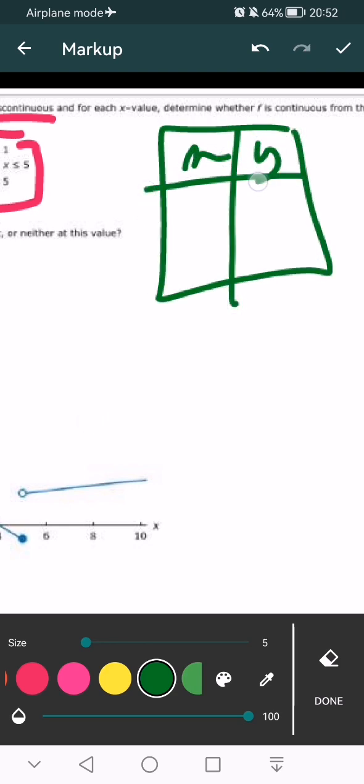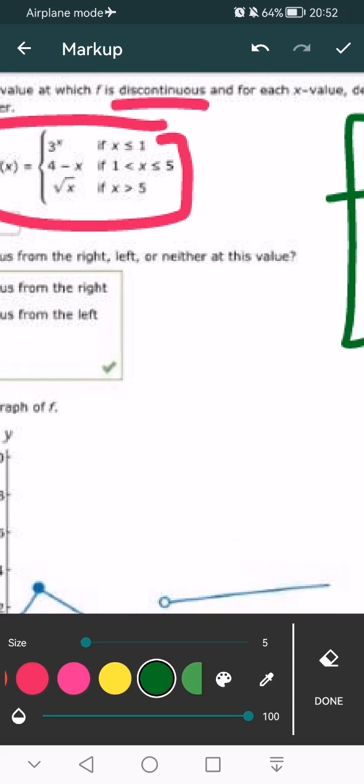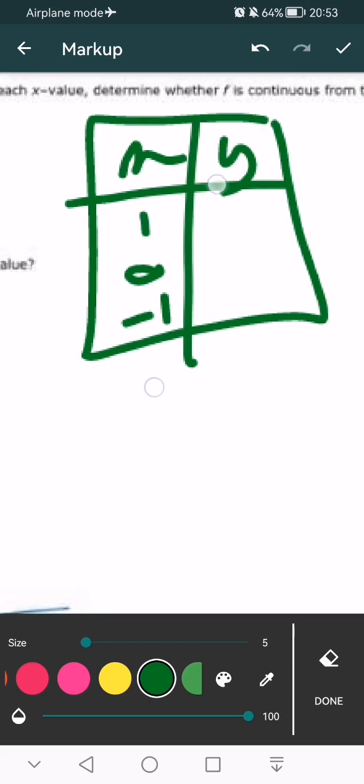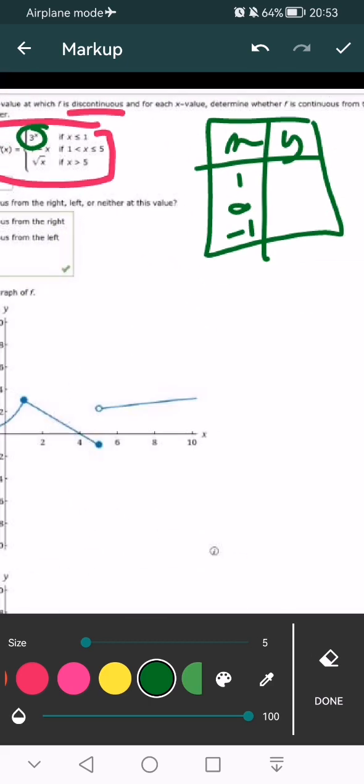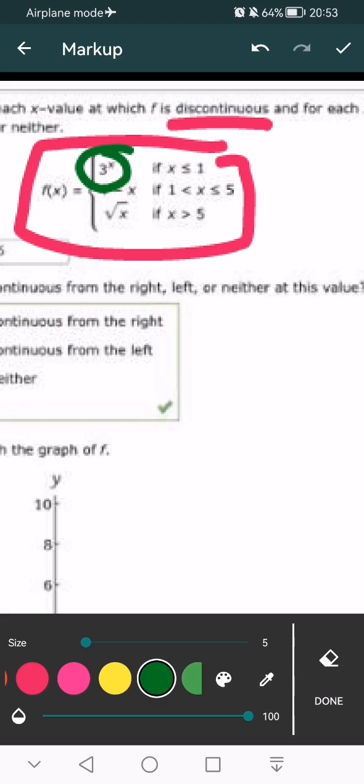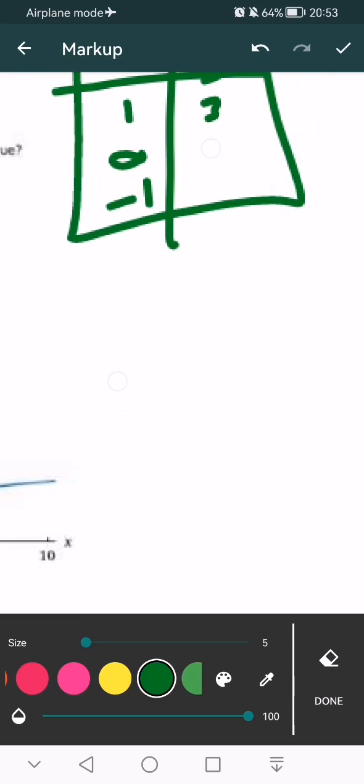x, y. So for the first one, when I say less than or equal to 1, let us take 1, 0, minus 1. 1 بيكون عوض هني 3 to the power 1 is equal to 3. And 3 to the power 0, anything to the power 0 is equal to 1. And 3 to the power minus 1... Okay.